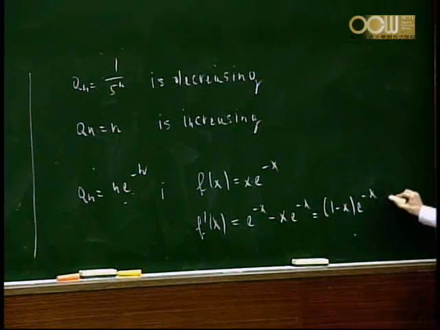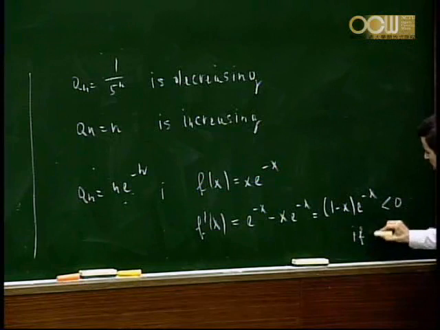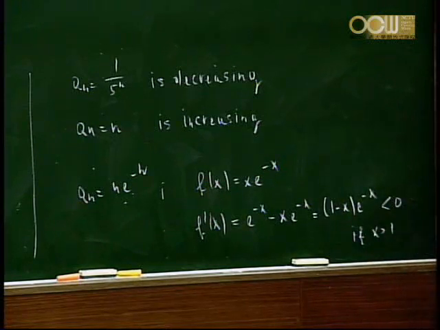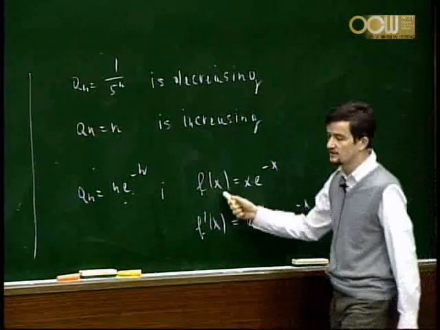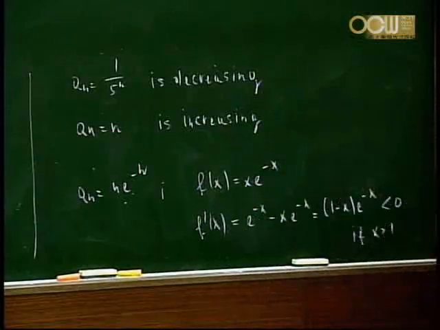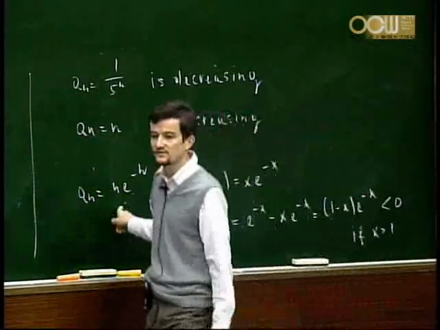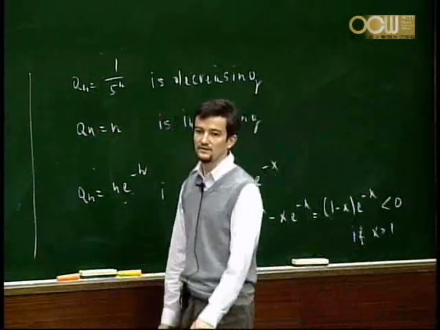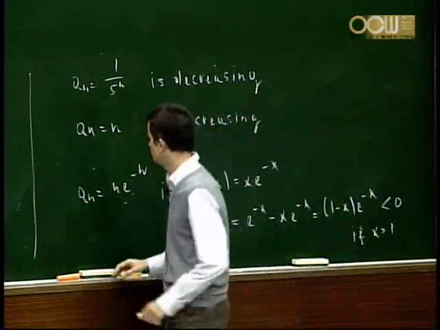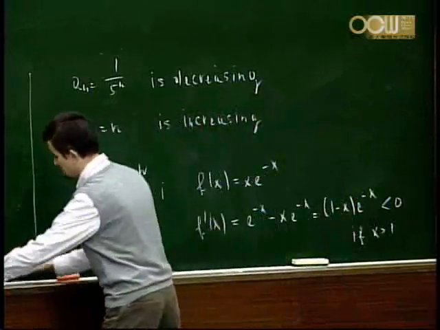You see that this is smaller than 0 if x is larger than 1, which means that this function is decreasing for x from 1 to infinity. And of course this will imply that this sequence is decreasing. So this is the easiest way to see that this sequence here is decreasing.